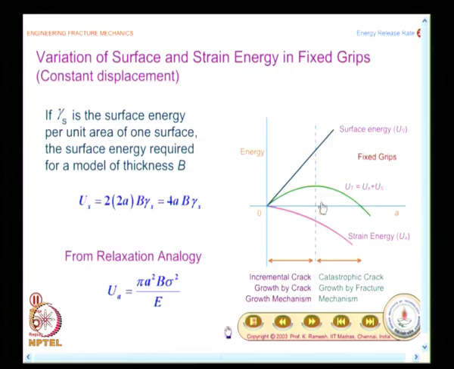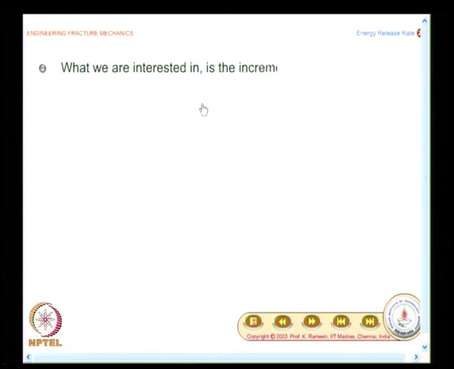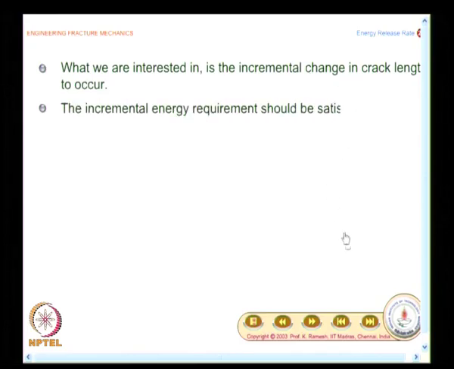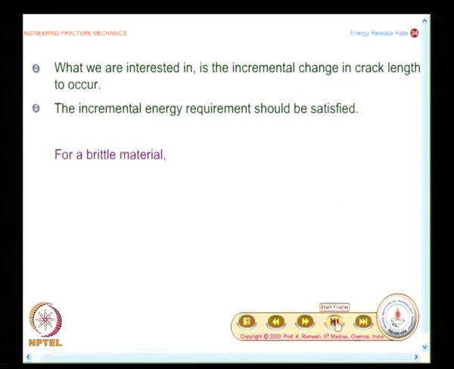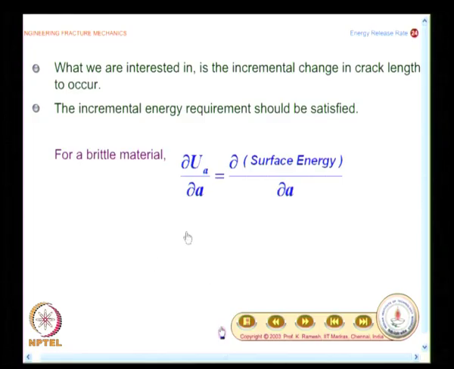So, you are able to find out a critical crack length beyond which the crack would propagate faster. And what we are really looking at is the incremental change in crack length to occur. So, we are really looking at that the incremental energy requirement should be satisfied. Mathematically, how will you write it?